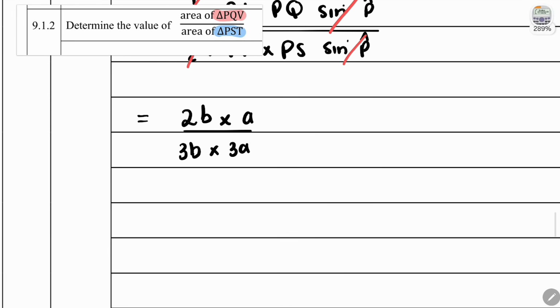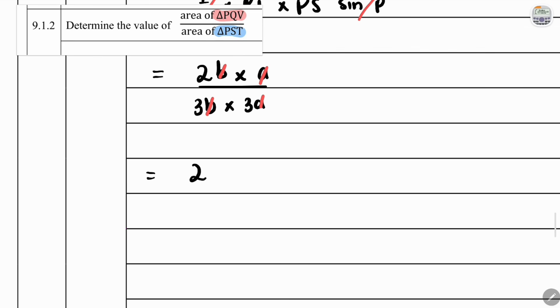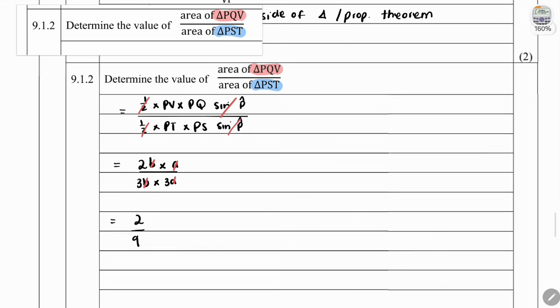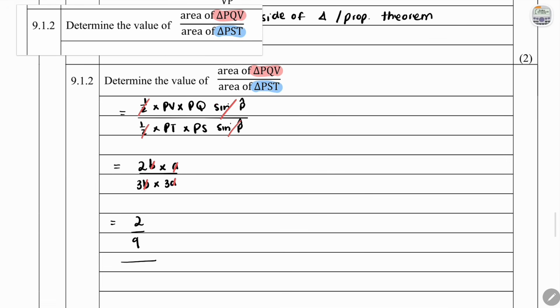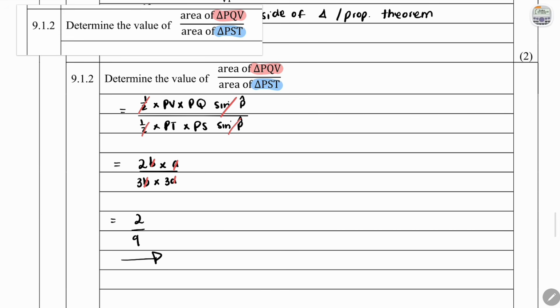Looking at it like this, you see that the letters would still cancel because these are just ratios. So when they cancel, we really just have 2 times 1, which is just 2, and then 3 times 3, which is 9. So that is 2 over 9. The ratio of these areas just equals 2 over 9, and that is our answer.